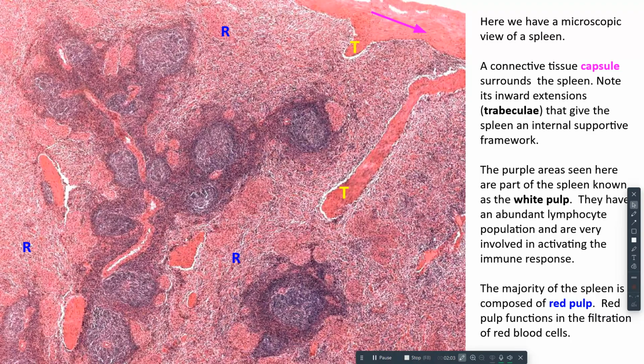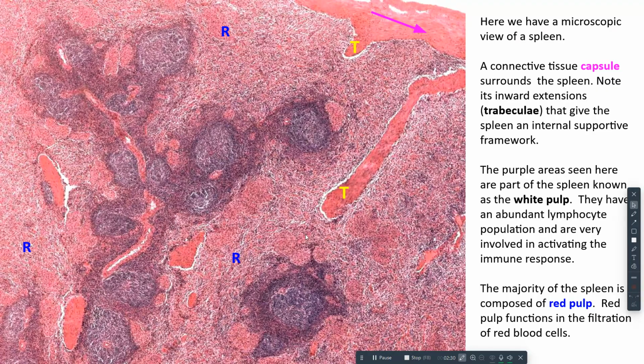Now, the actual active splenic tissue, there are two varieties. There is the purplish stuff. All the purplish stuff that we see, this over here as well, this is known as white pulp. This is where I've got a lot of lymphocytes, and the white pulp is very much involved in that immune response.